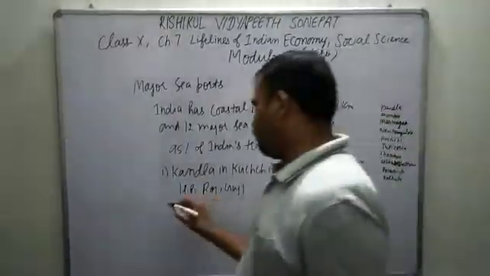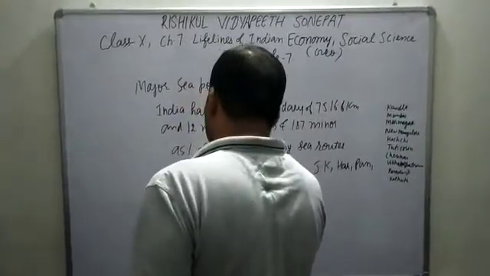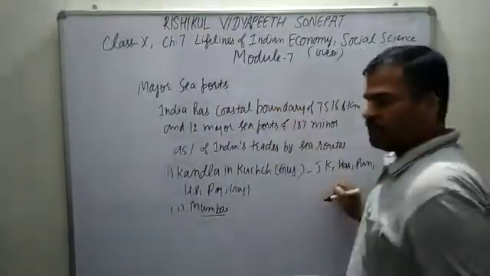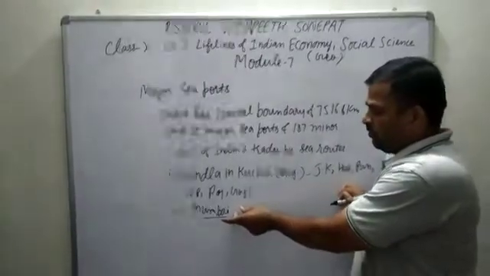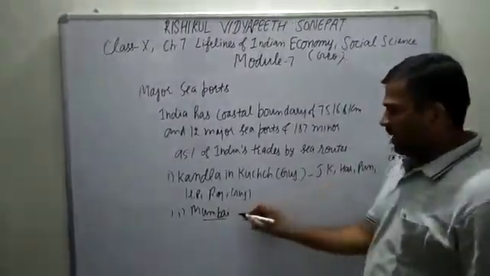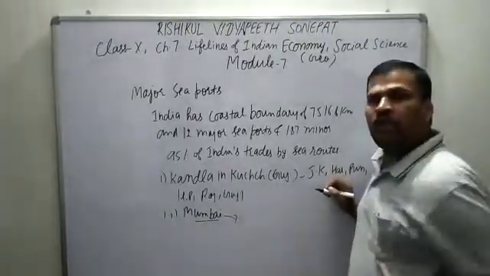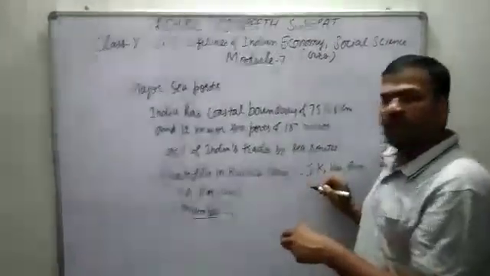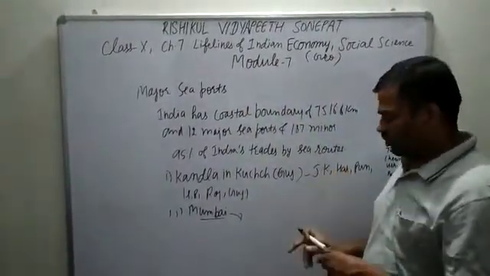Okay. Now the second one, that is Mumbai. It is one of our important ports, in the northwestern part, and maximum trading was with the Central Asian countries or the other parts of the world.